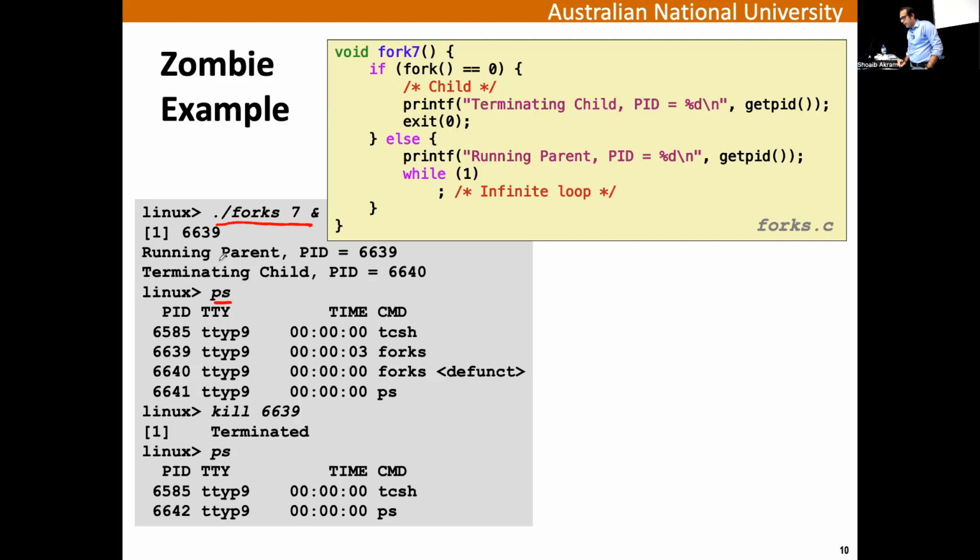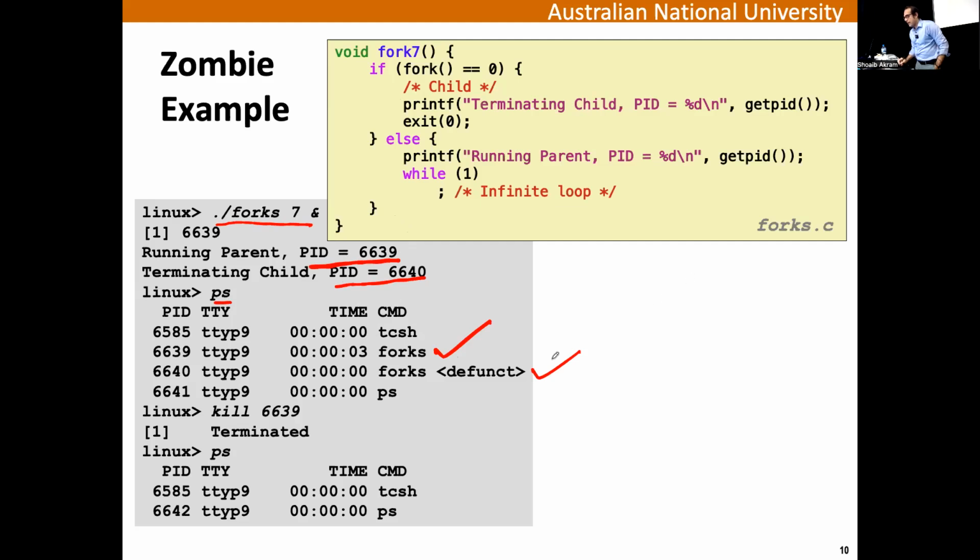If we run this program, the parent has a PID of 6639 and the child has a PID of 6640. And if you look at all the processes, you'll see that the child is defunct and the parent is still running. The parent is running in a while(1) loop, right?